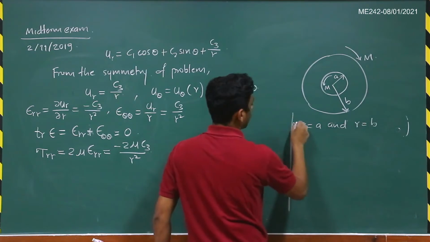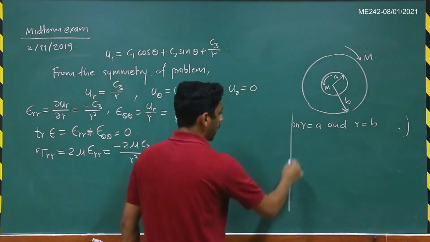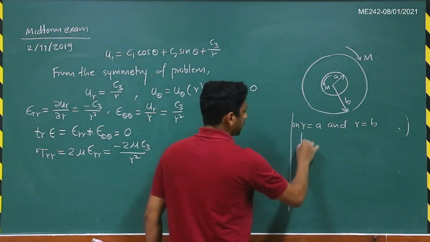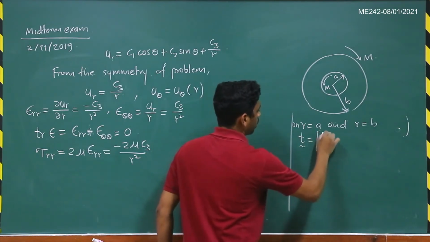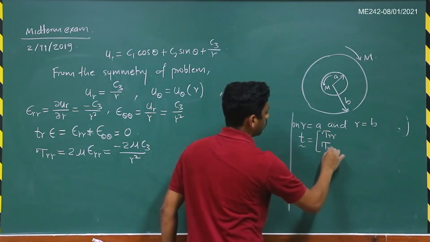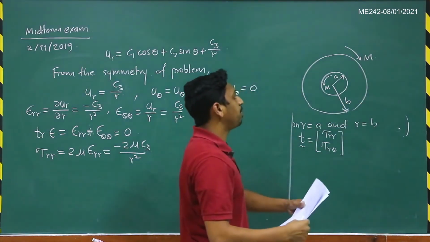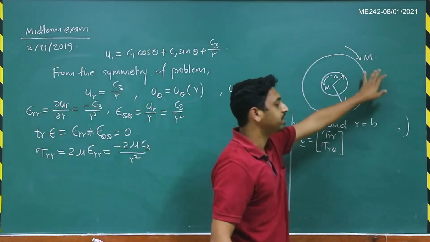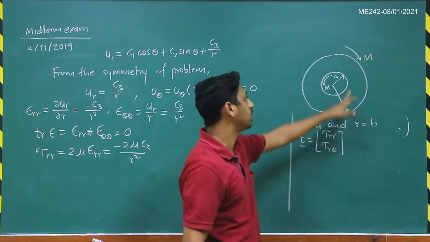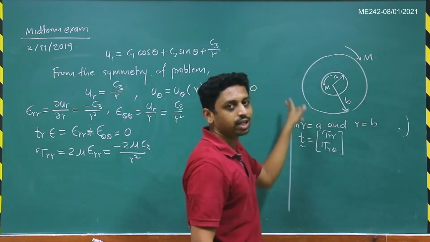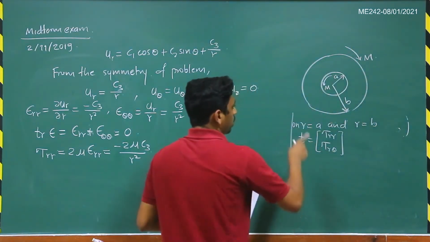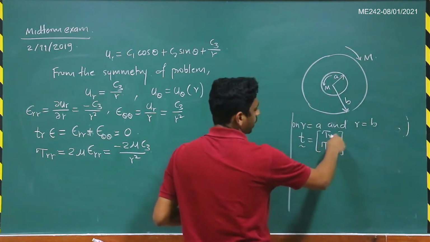On r equals a and r equals b, as I mentioned, the tractions would be tau_rr and tau_r theta. Here we know these moments are applied through tangential tractions, so tau_r theta is non-zero on this surface, but the normal traction on this surface we can equate to 0.